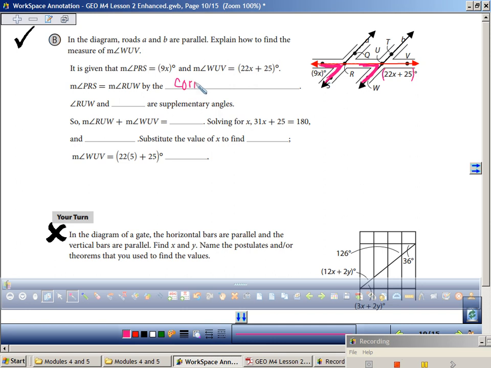Excellent, I heard it. Corresponding angles theorem. They're in the same spot. They correspond to the same spot. They're corresponding angles. RUW, which is here again, and what are supplementary angles?